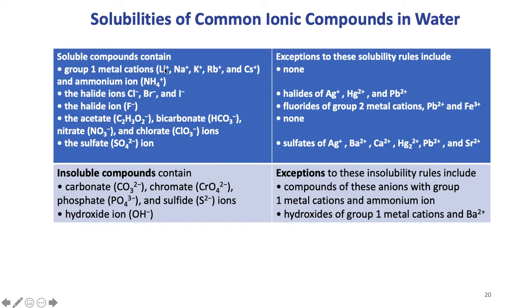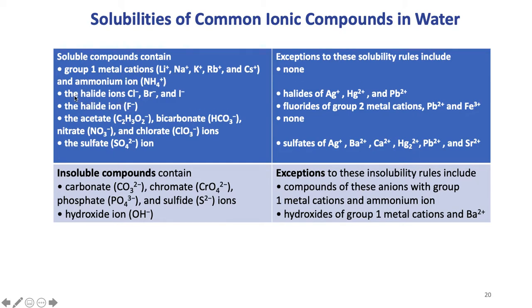So every time, even if these metal cations are paired up with anions that are not soluble, like these down here, they will still be soluble because they're paired up with these positive ions. So learn to recognize these ions in ionic compounds or salts, and if you see them, you will know that that particular compound is soluble.